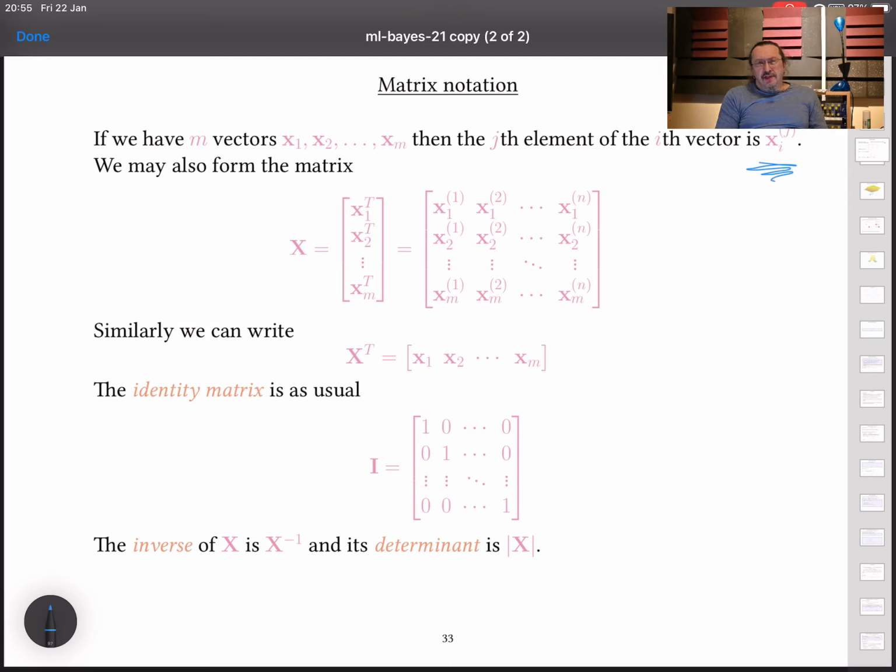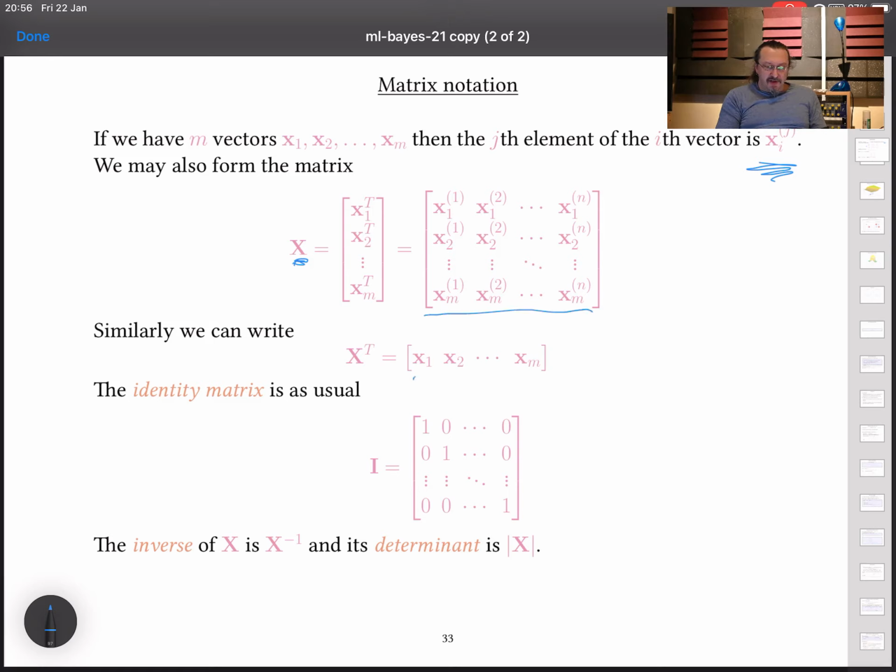And we can do all sorts of notational gymnastics in terms of how we then write vectors and matrices. So here X has a bunch of rows, x1 transposed down to xm transpose, and we can write them as individual elements by picking the jth element of the ith vector where necessary, and we get this kind of arrangement here.